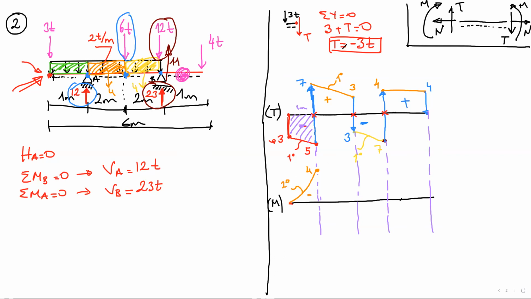Now, the second area is here. Totally, this area is 7 plus 3 over 2 times the distance here, which is 2. It's 10. The area is 10. It's positive.